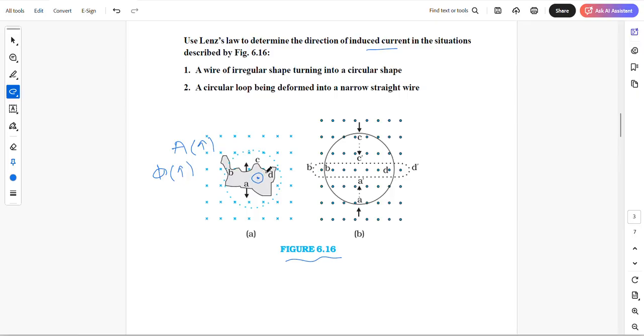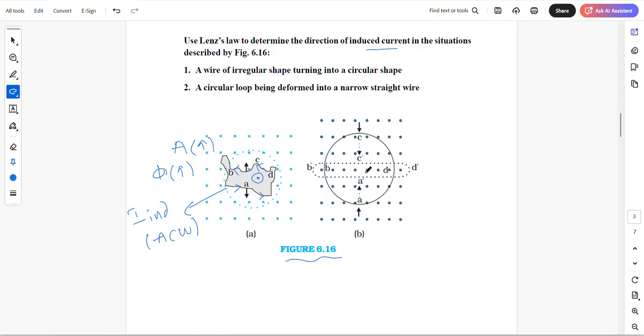Therefore here the induced current will be in the anti-clockwise direction, because area is increasing.